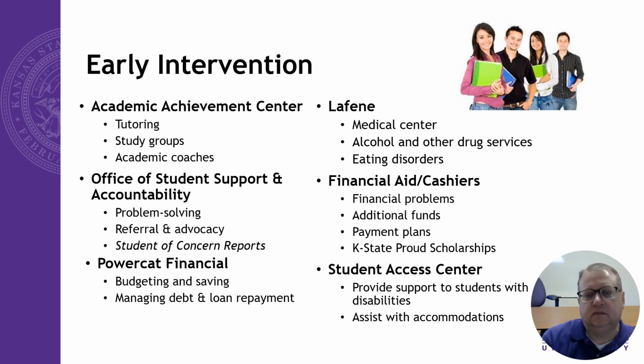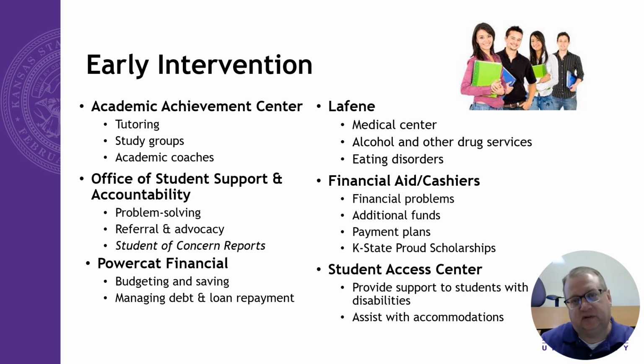For early intervention, we refer students to the rich resources we have on our campus to provide support. That may be the Academic Achievement Center for academic needs, or the Office of Student Support and Accountability for student concern reports.